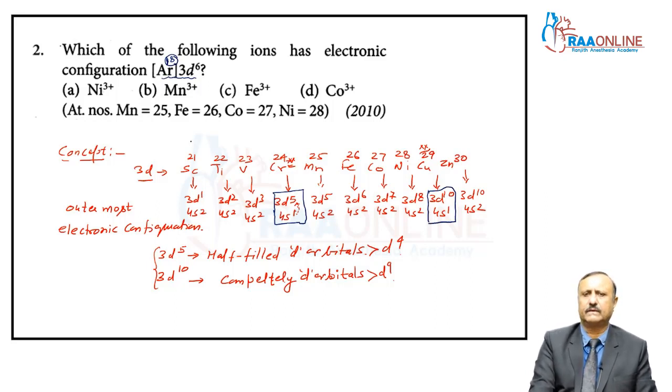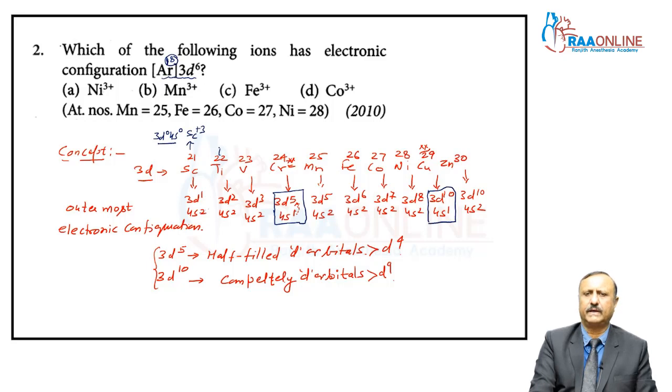Now, my dear students, you can see here when scandium is converted into +2 or +3 ions, you remove 2 electrons from this and 1 electron from this. So, the electronic configuration of the scandium ion is 3d0 4s0.